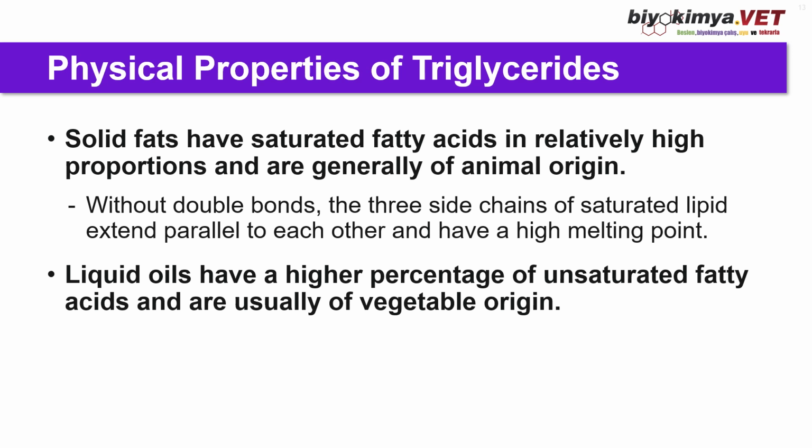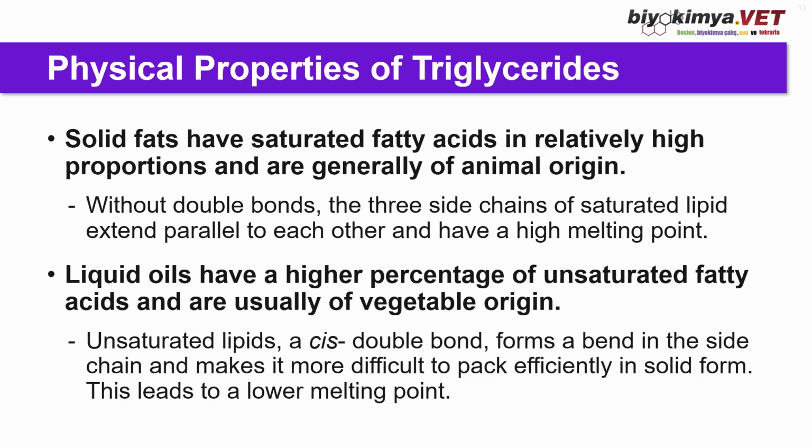Liquid oils, or vegetable oils, have a higher percentage of unsaturated fatty acids and are usually of vegetable origin. Unsaturated lipids, which are mainly triglycerides carrying unsaturated fatty acids, even 1 mole with a cis double bond, form a bend in the side chain and make it more difficult to pack efficiently in solid form, because it decreases the space occupied by the molecule, thus decreasing the melting point.